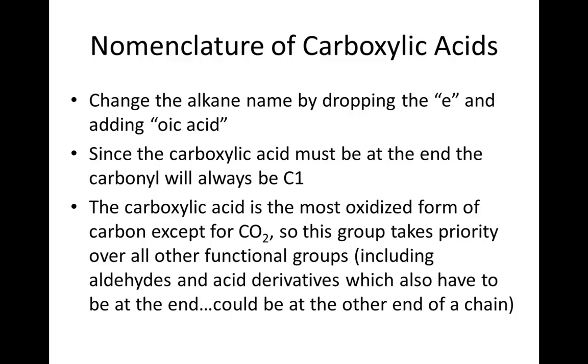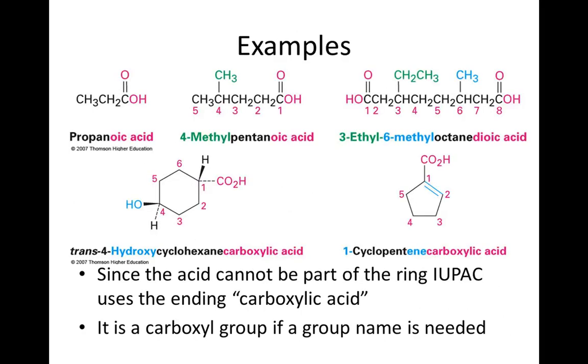And so that's going to dictate how the other things that might appear in the chain get named, including even aldehydes or other carboxylic acid derivatives and ketones and alcohols, alkenes. None of those things are going to dictate the name over the carboxylic acid groups.